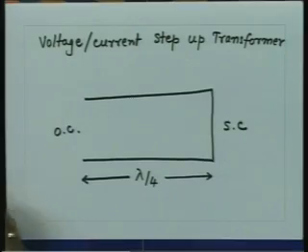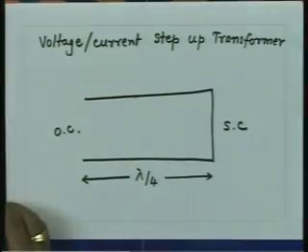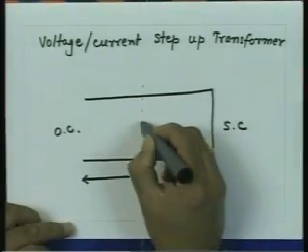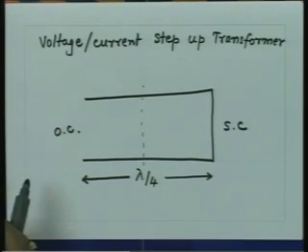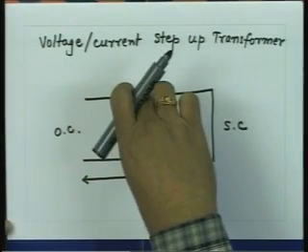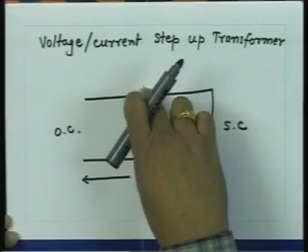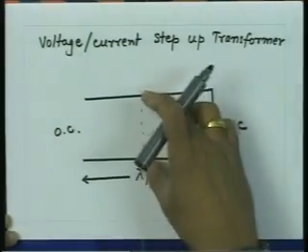Let us say by some means some voltage is induced at some point on this section of transmission line. If I consider a voltage source connected at this location, it will see as if there are two sections of transmission line connected in parallel, this section and this section.